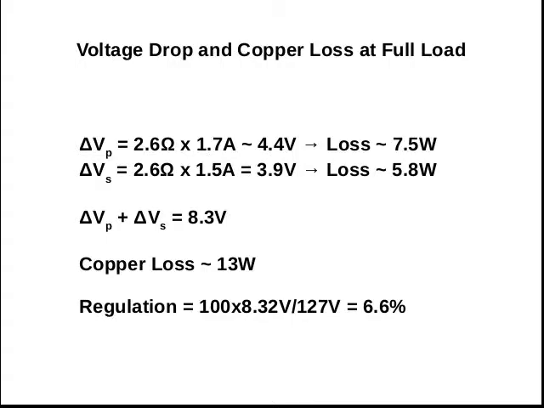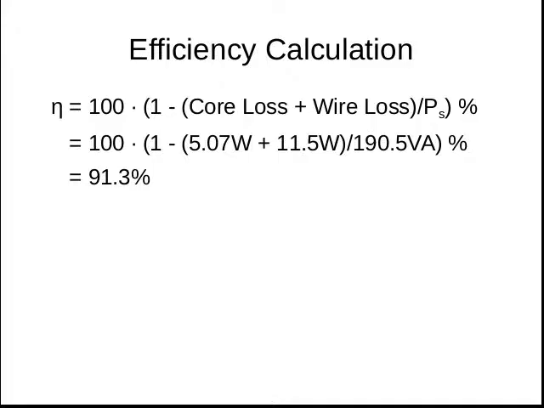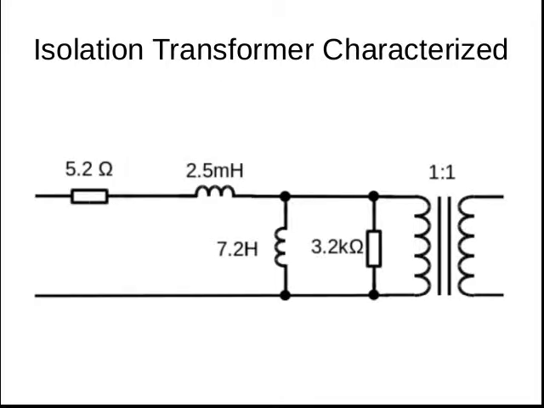This of course requires a different calculation, which would give us approximately 12 watts or precisely 11.6 watts. Anyway, the measured value of 11.5 watts is absolutely fine. And then we can calculate the real efficiency of this transformer, which is a little better than the 90% we estimated. And with that we can finally characterize our transformer like what you see here.